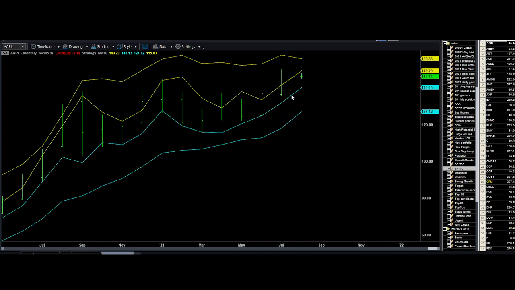The blue trend line represents the support trend line, and the yellow trend line represents the resistance trend line.